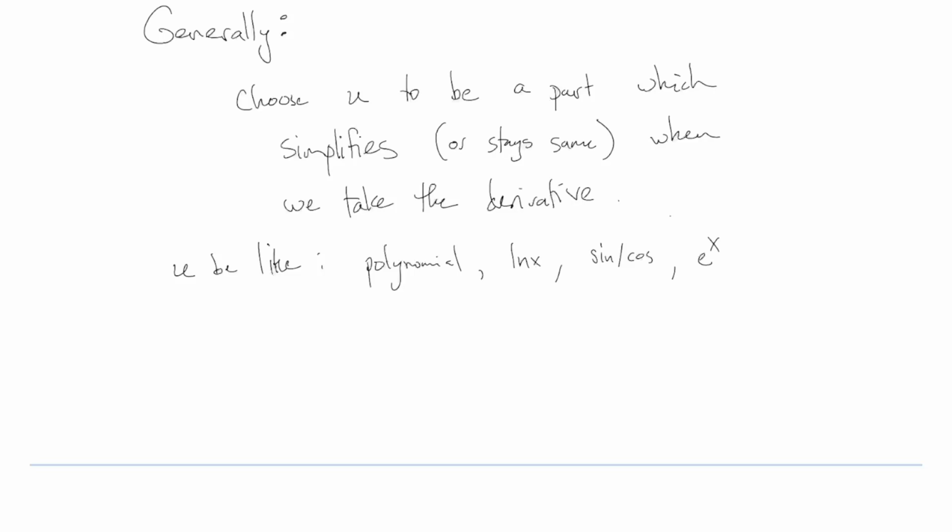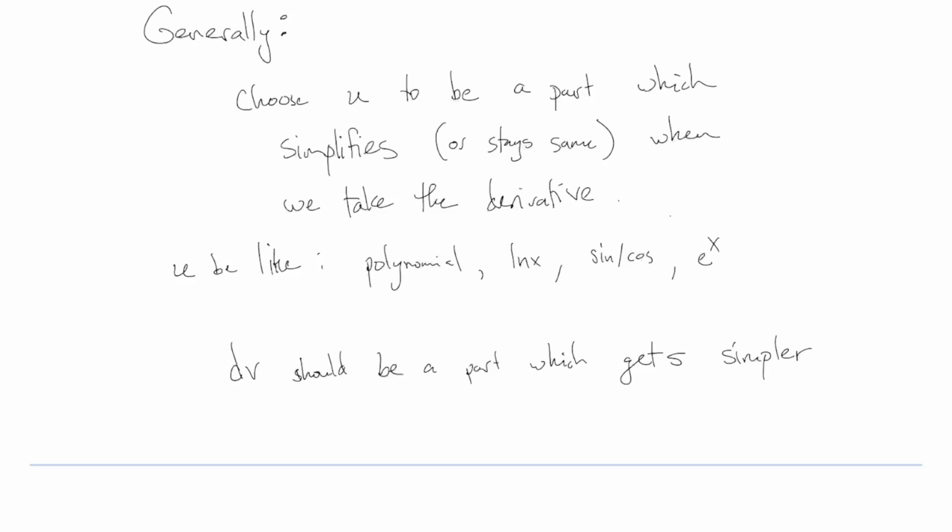And what about the dv? It's the other way around. A dv should be something which gets simpler or stays the same maybe when you take the antiderivative. So usually a polynomial is a bad choice for the dv. Anyway, dv should be a part which gets simpler, although in practice that usually doesn't happen.